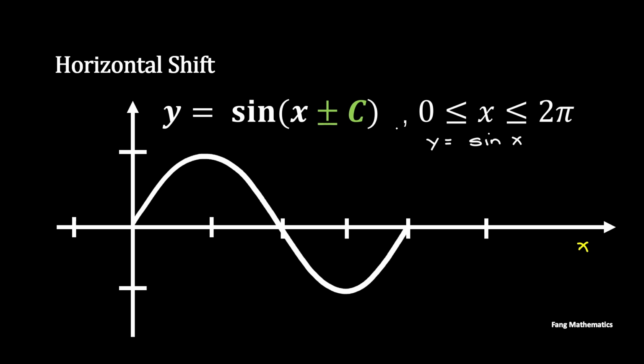And now we are going to perform the horizontal shifting. Now we are going to look at the graph that moves towards the right. When the graph is moving towards the right, you just need to know that the sign should be minus. So y equals sine of parenthesis x minus c.